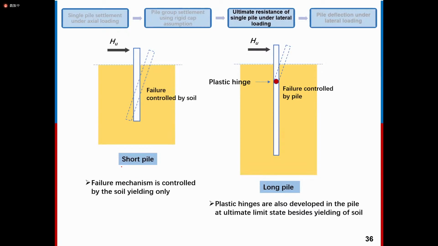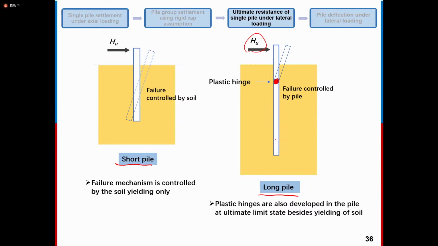So as you can see, the short pile, we regard it as a rigid pile. Okay, it can only rotate. It has no deformation by itself. But for the long pile, we can say it is a flexible pile. At the pile body, for example here, under a large horizontal force, a plastic hinge might occur.